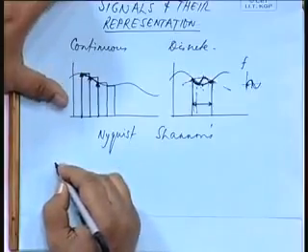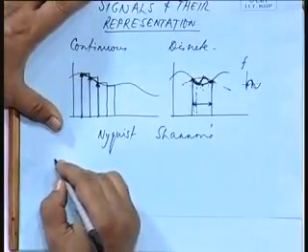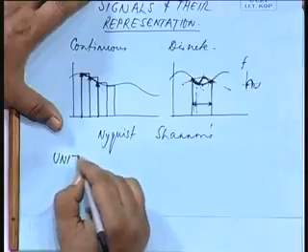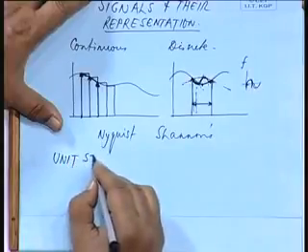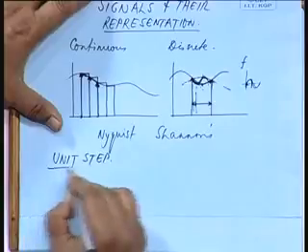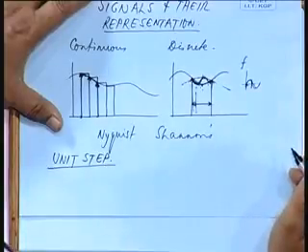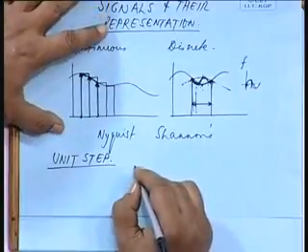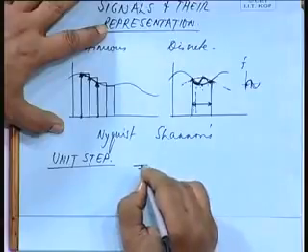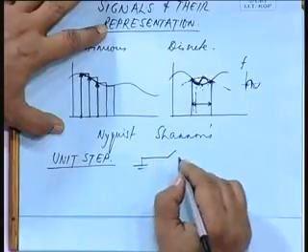Now, what are the standard signals that we come across? Mathematically, a unit step is a very convenient signal. It can be tested on simple systems, simple networks.